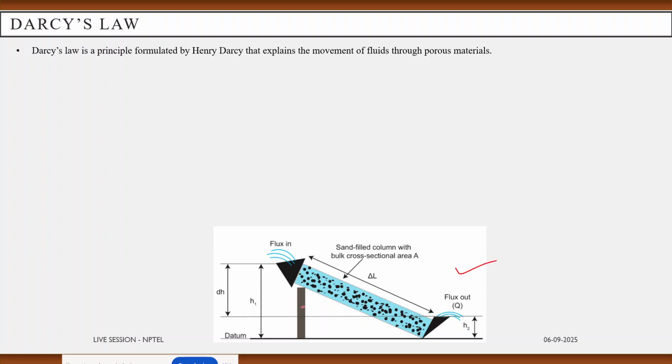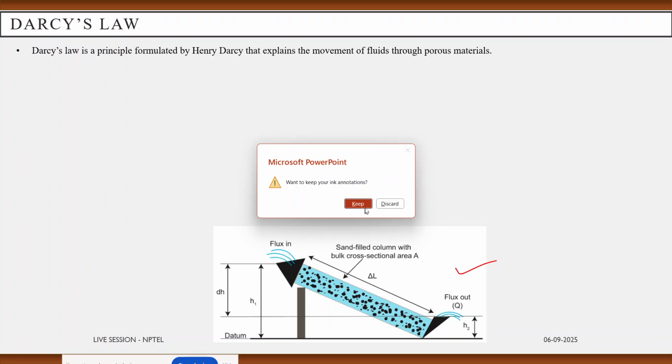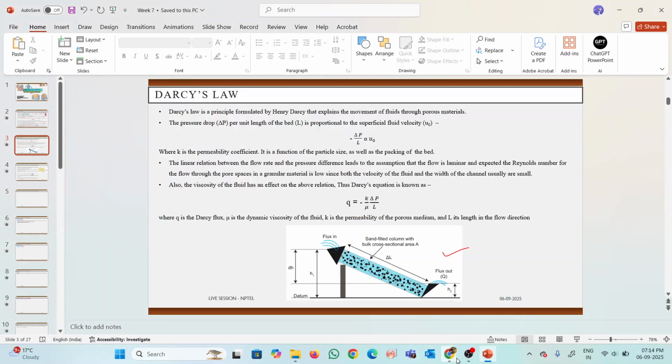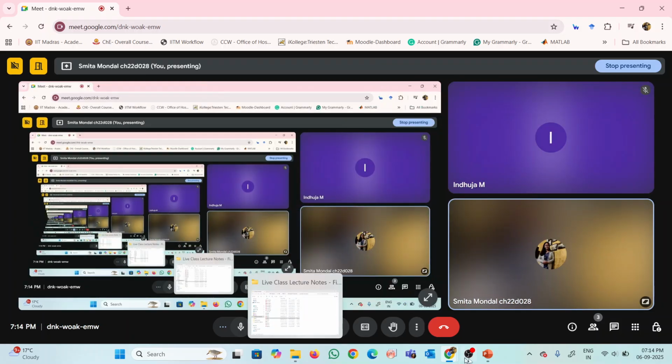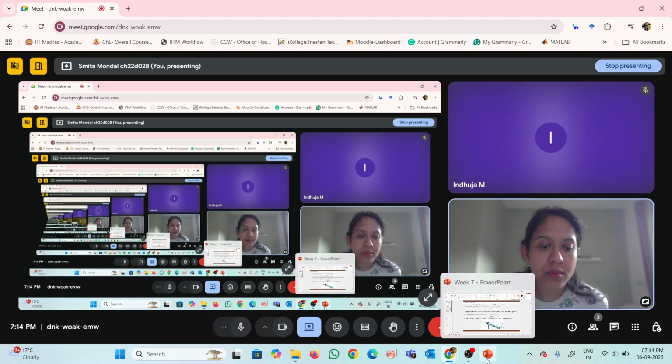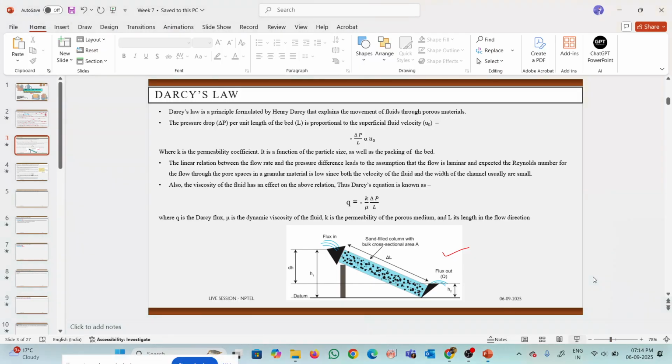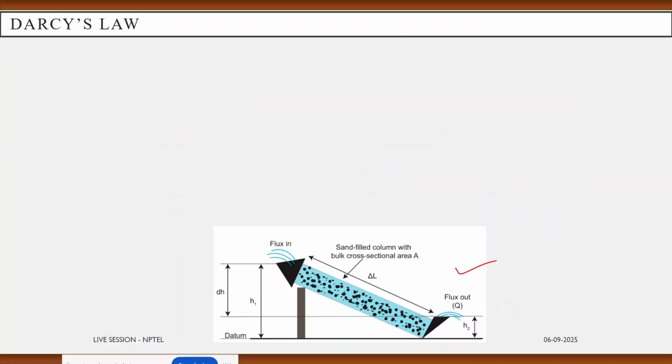So here in this picture you can see that there are porous material that is packed in a bed and the fluid is going from top to bottom direction.